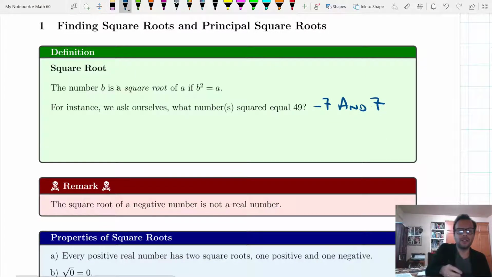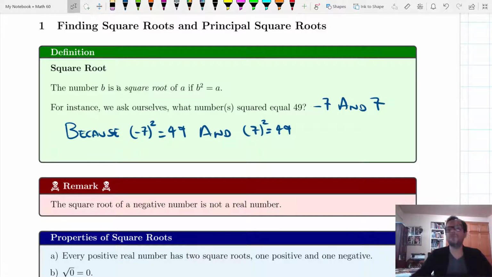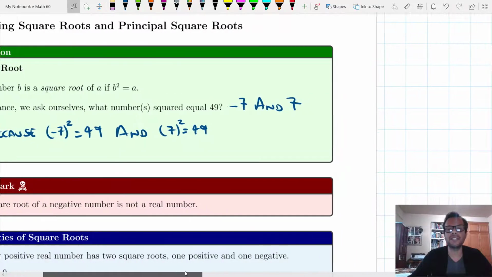Why is that? Well, because both -7 squared equals 49 and +7 squared also equals 49. So it might be a good idea to list the first few perfect squares, on the side.